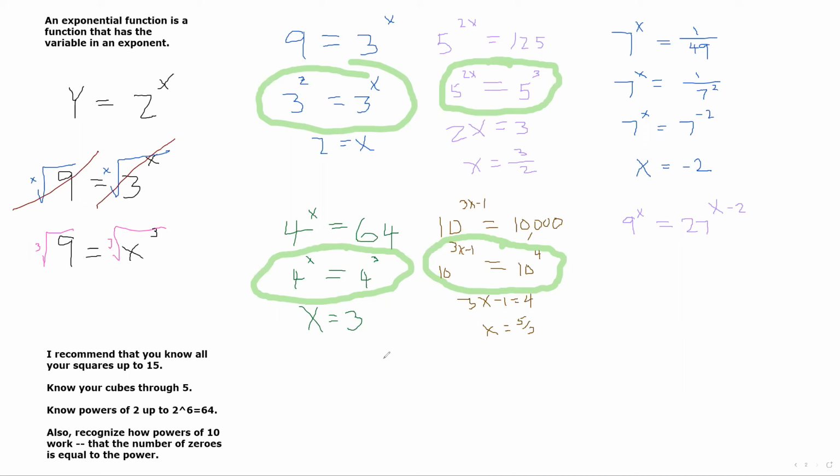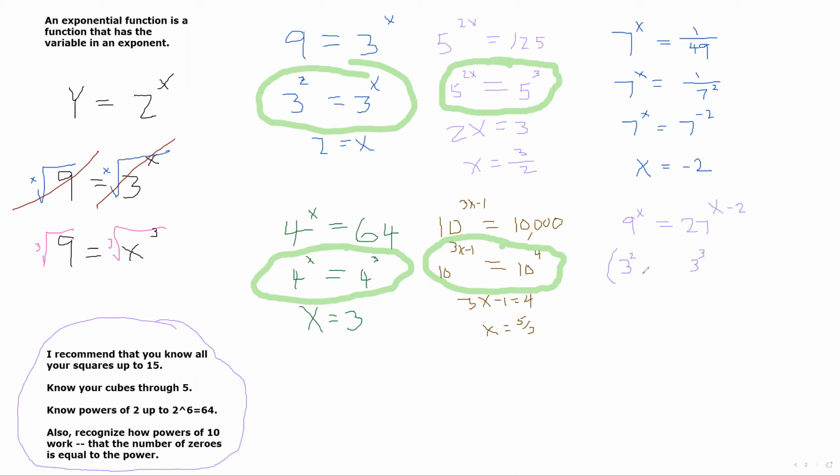One thing that you should know, again, because you're going to learn your squares and your powers of 3, or your cubes up to a certain point, is that 9 and 27 are both 3 to the something. Specifically, 9 is 3 squared and 27 is 3 cubed.